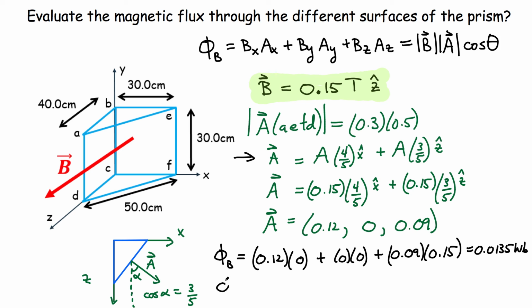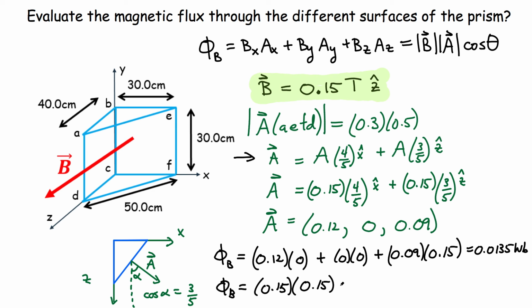All right, how about if we use method 2? Method 2 says you take the magnitude of the magnetic field vector, which is 0.15. You multiply that by the magnitude of the area, which is simply the value of the area, also 0.15. You get that by multiplying 30 centimeters by 50 centimeters.